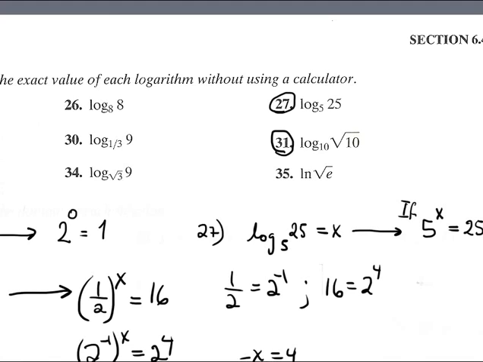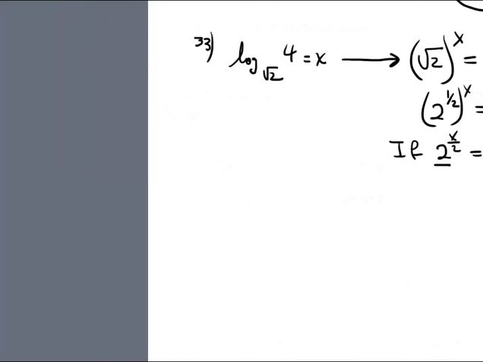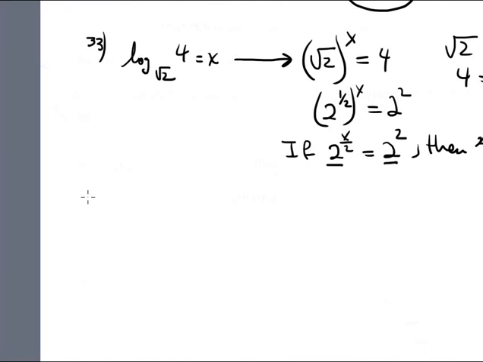Now 35. 35 is ln square root e. The only thing you need to know is that ln is equivalent to saying logarithm base e. So the base is e.